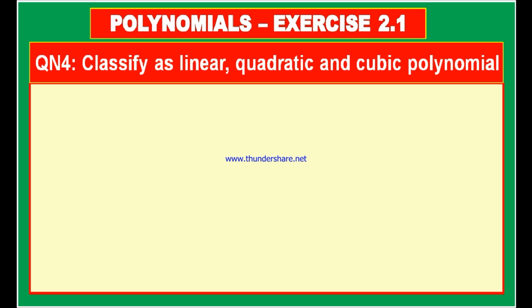Now let us recollect what is meant by a linear polynomial, a quadratic polynomial and a cubic polynomial. First of all, we know what is a degree, isn't it? A degree is nothing but the highest exponent of the variables.